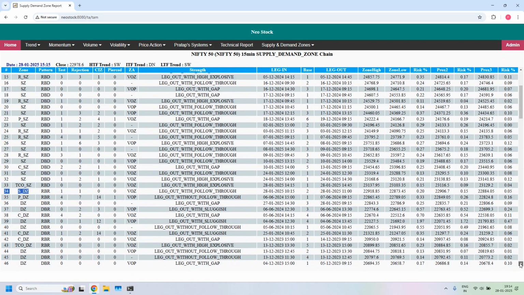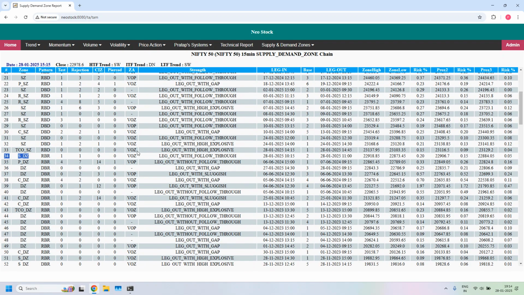Let me put it in the middle, so that above you have all supply zones, below you have all the demand zones. Serial number 33 and 34 are nearest demand and supply zones to the current closing price.